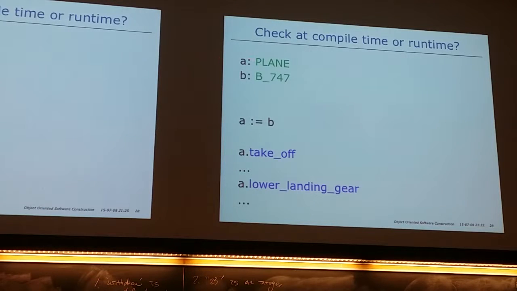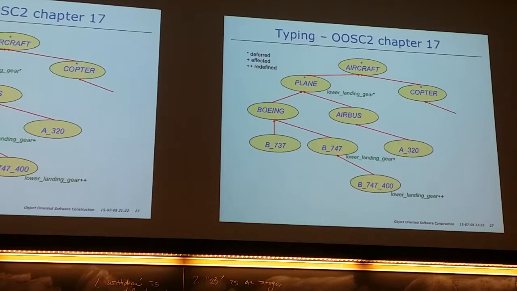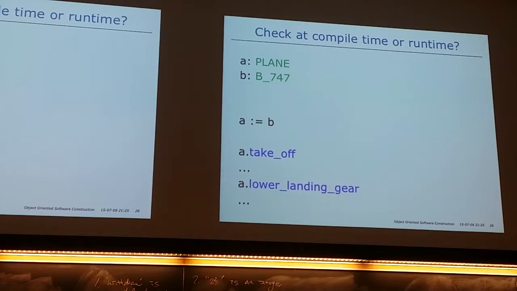So here, let's say we have some plane, so we have some Boeing plane. Now we can certainly do this assignment here because B, the base type, is actually more specialized than plane, as you can see here in the hierarchy. Okay?